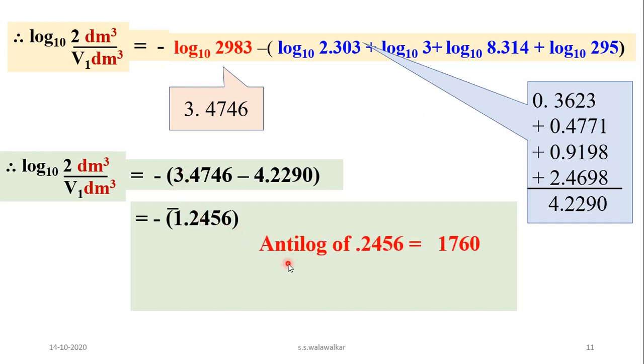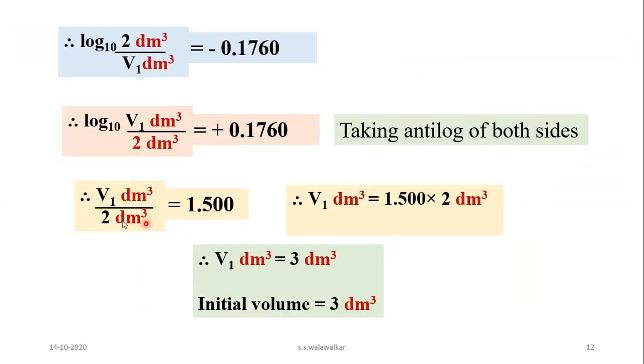So it is equal to how much? Antilog of this, that is 0.2456. Antilog of 0.2456 is 1.760. So here bar 1, characteristic is bar 1, and therefore minus 0.1760. Now to make it positive, what you have to do is reverse this, so that this sign becomes positive.